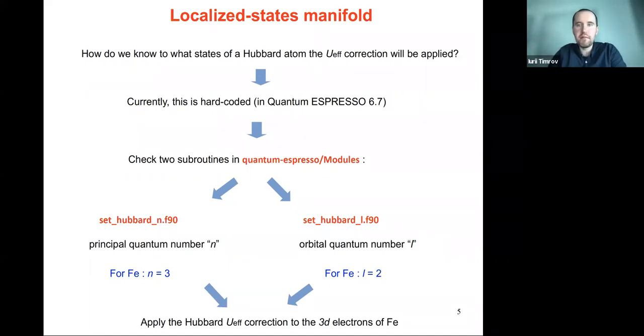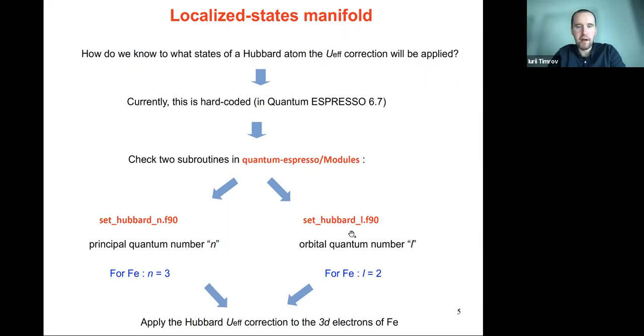And how is this implemented in Quantum Espresso, or how do we tell the code that we want to correct d electrons of iron oxide? Currently in version 6.7 of Quantum Espresso, this is hard-coded, so it cannot be provided in the input file. It is hard-coded in the routines called set_hubbard_n and set_hubbard_l, where N stands for the principal quantum number, like in quantum mechanics, and L is the orbital quantum number.